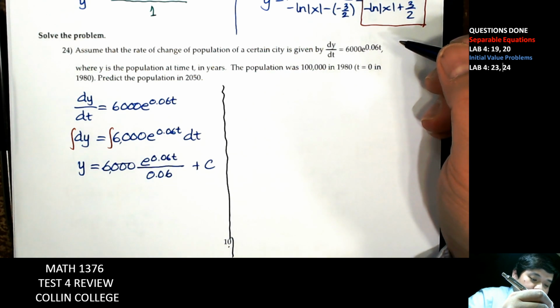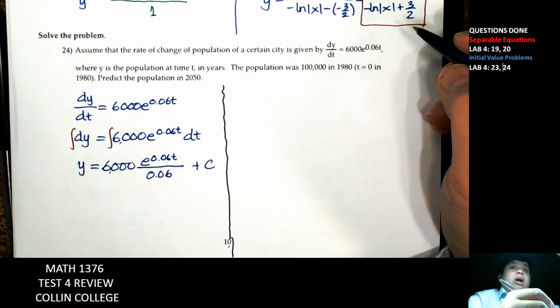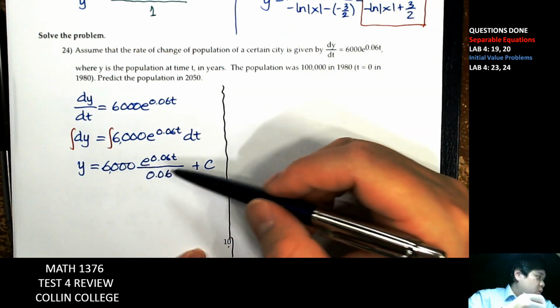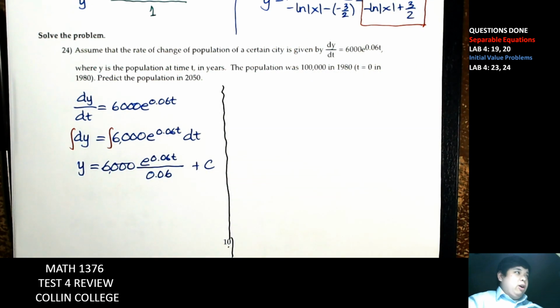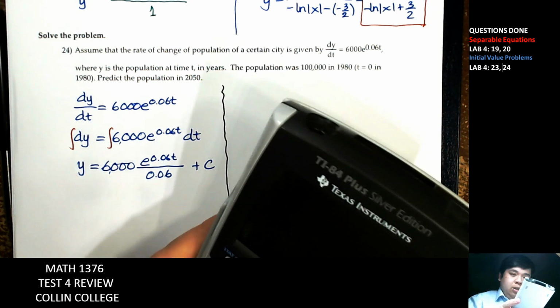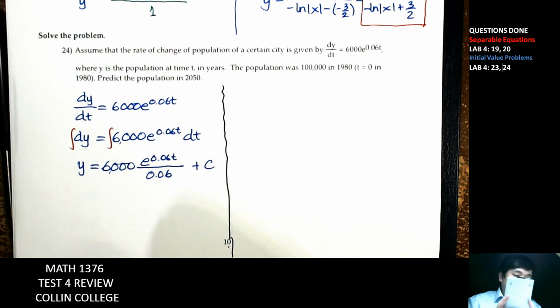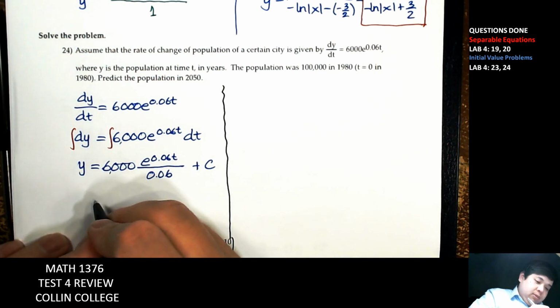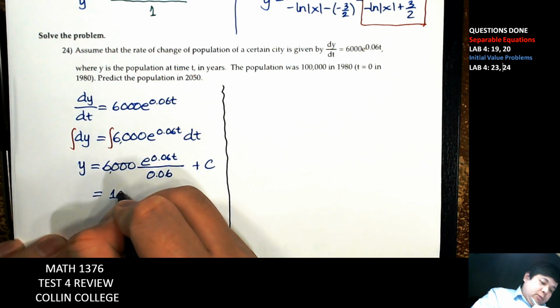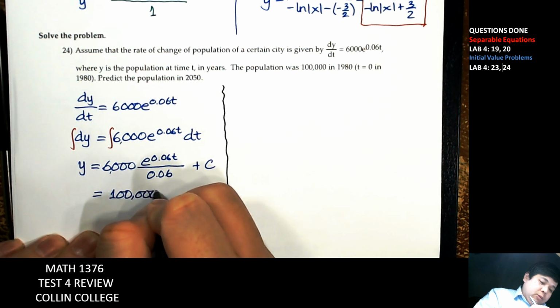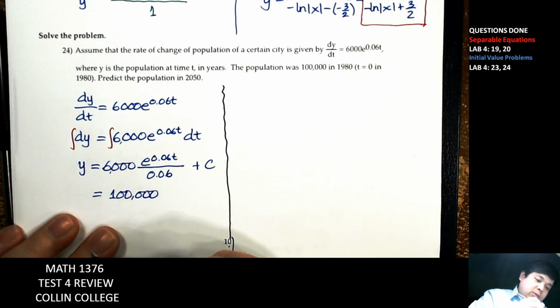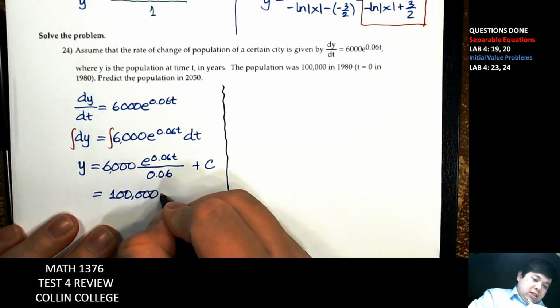So what we can do, of course, is divide 6000 by 0.06. So 100,000. And then we still have that.